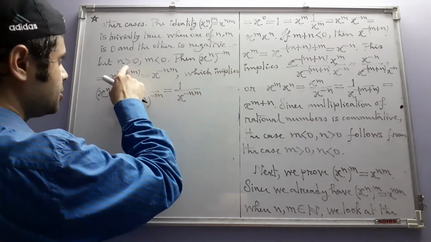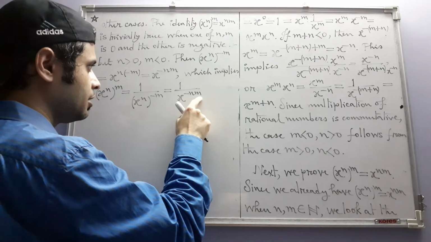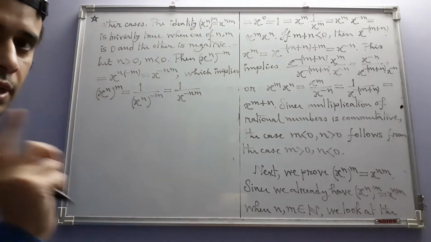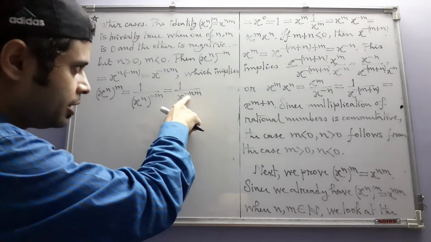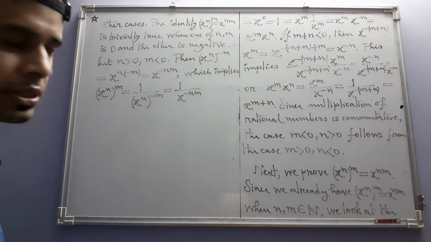Now n is positive, m is negative, so their product is negative. The accompanying minus sign makes that positive.